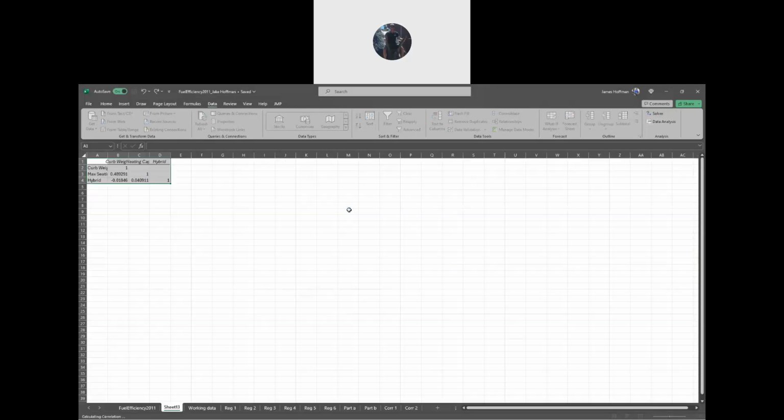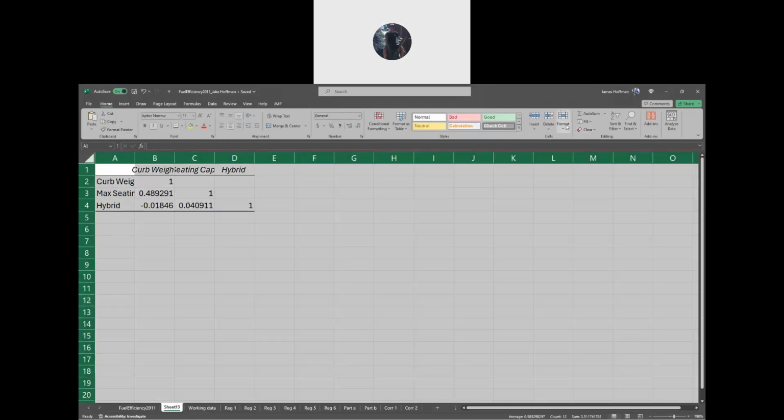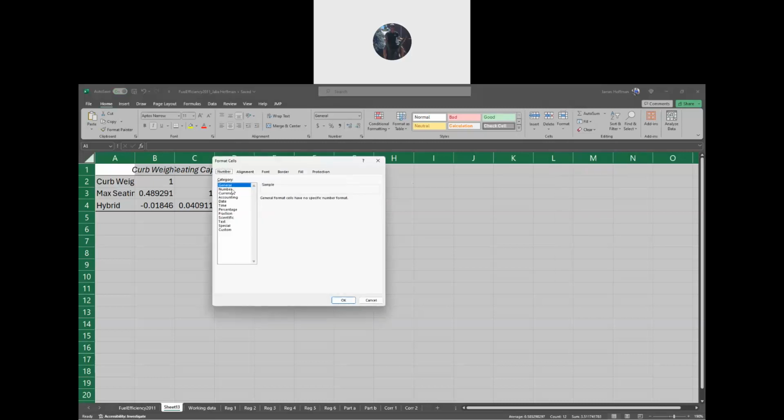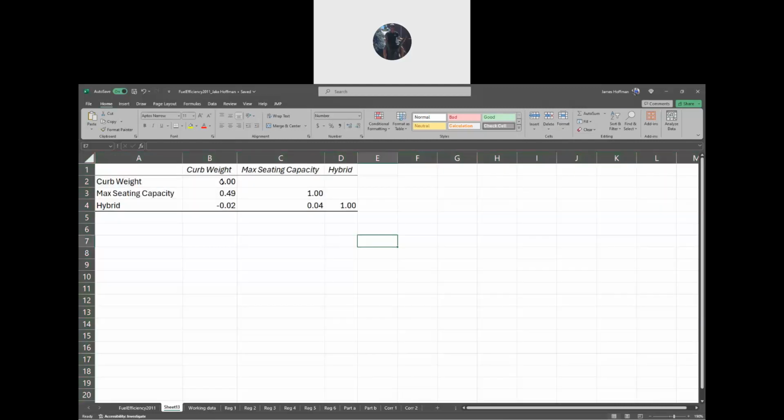The only thing that changed, but we still eliminate one with very high T-stat because it was correlated. Okay, so we're good. So this is correlation 3.